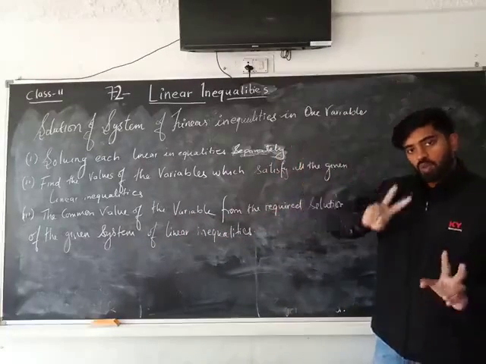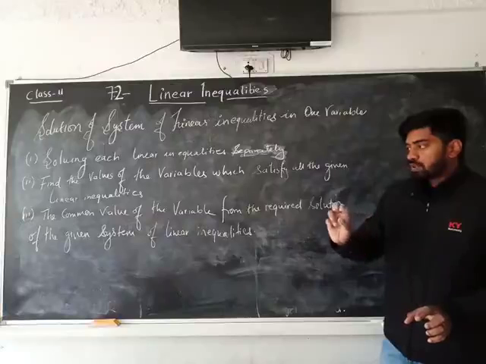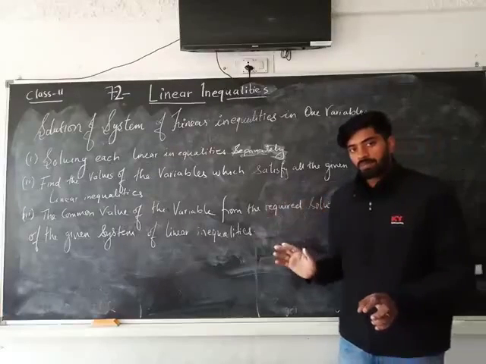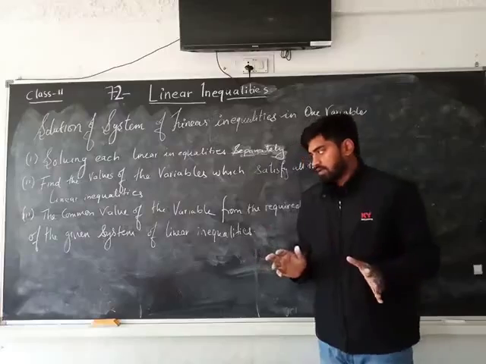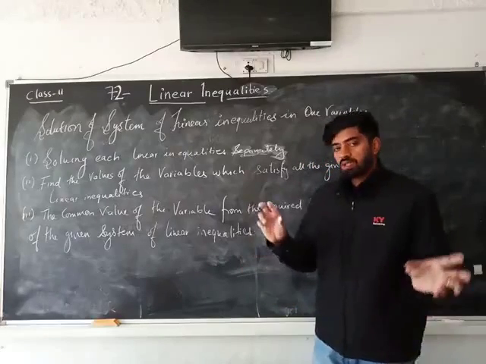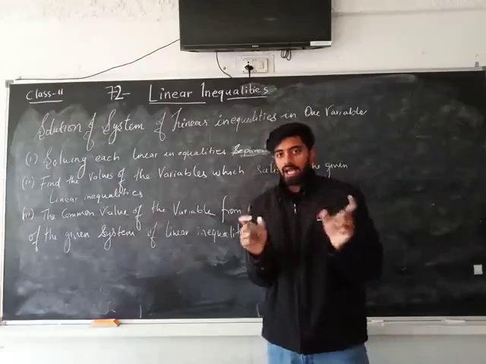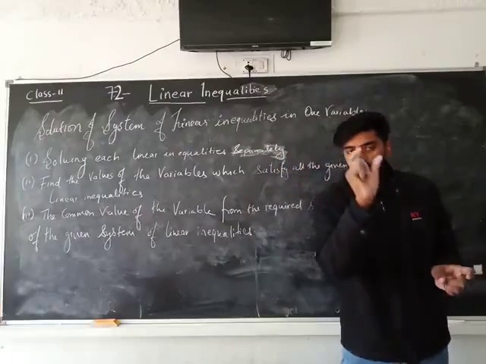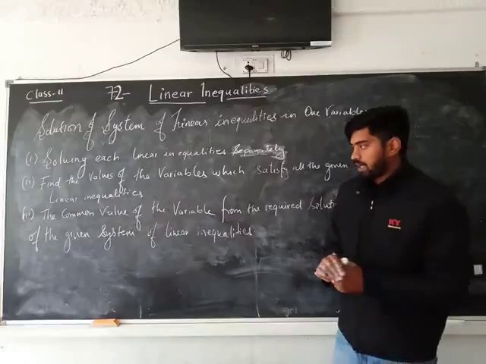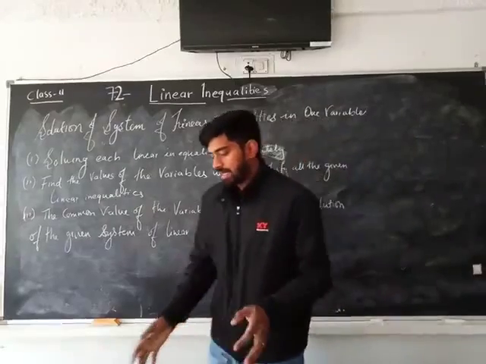If there are two answers, obviously there may or may not be a common solution. If there is no common solution, then your answer is null, the empty set. But if you get some common part in both solutions, I'll teach you that. That common part is going to be your answer. So keep in mind that the common part is going to be our answer.